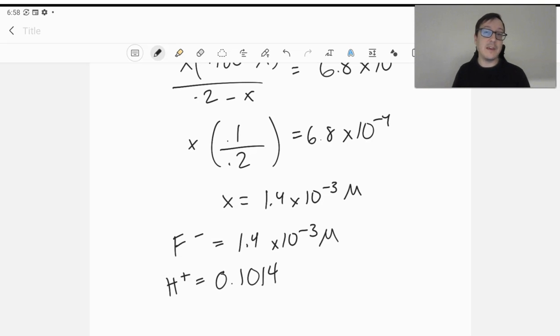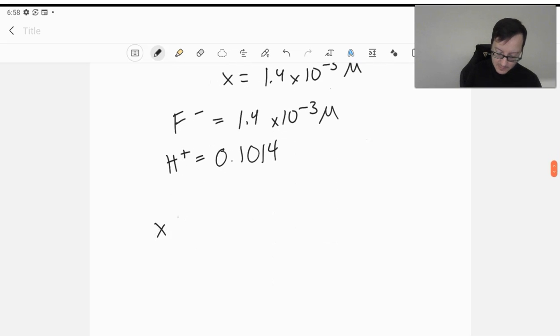If we were to just take the pH of 0.2 molar HF, we would see it'd be quite different. We would have an X squared term, and we would need to do our square root, and we would get a much higher number for the fluoride. Let's just say we did that. So X squared over 0.2 minus X is 6.8 times 10 to the negative 4.